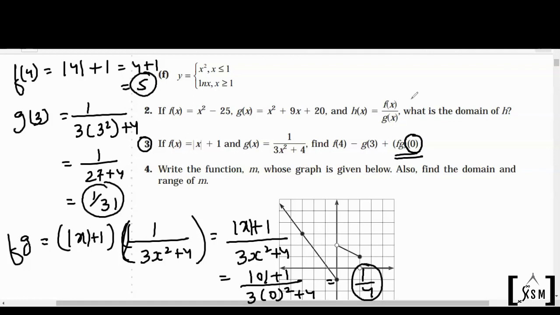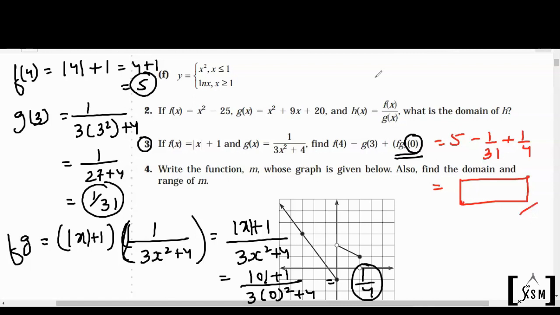We will do the calculation now. Have a look, please. So it is 5 minus 1 over 31 plus 1 over 4. You can do the basic calculation, not a problem. You will calculate, right?